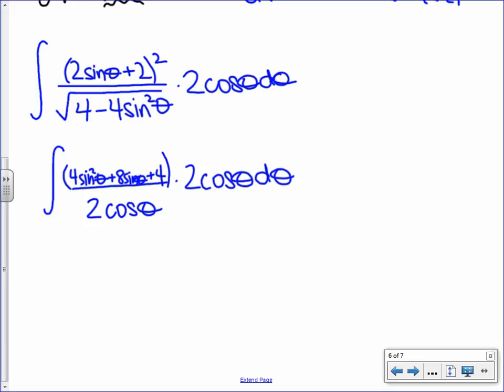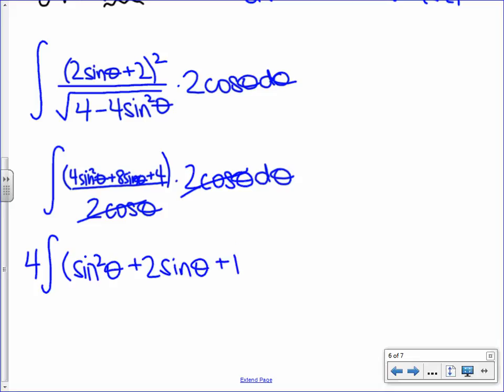Oh, but what happens? It all breaks apart now. So now we have, I'm going to bring out a 4, and we have sine squared theta plus 2 sine theta plus 1 d theta.